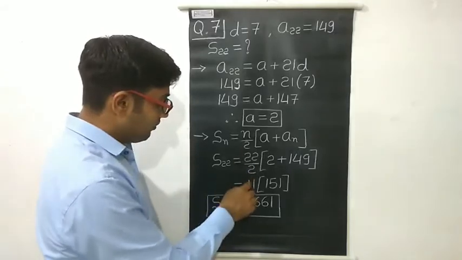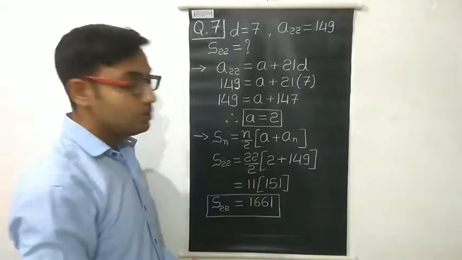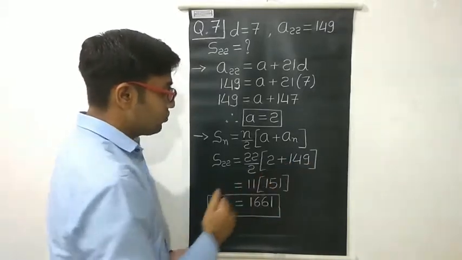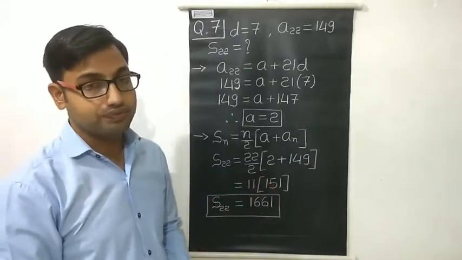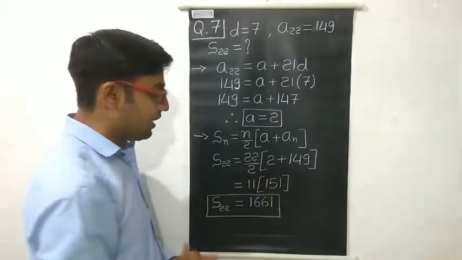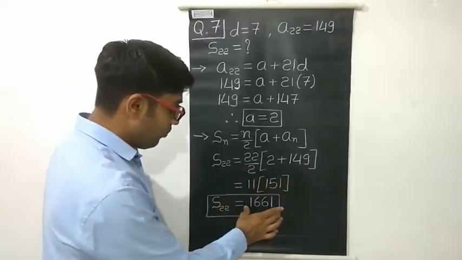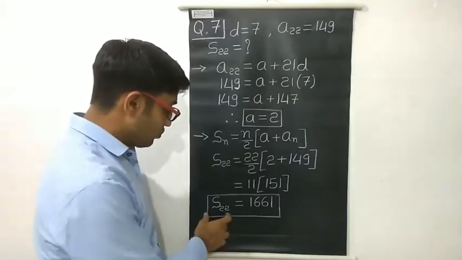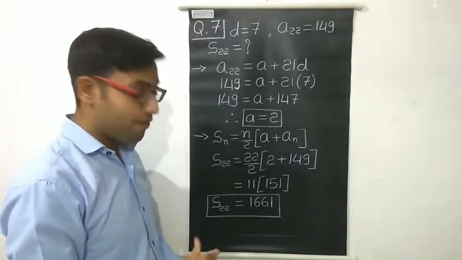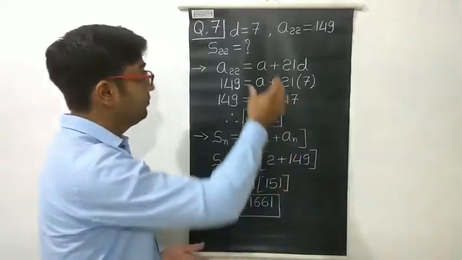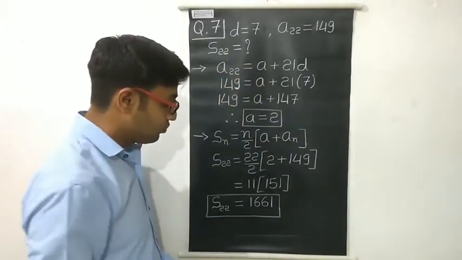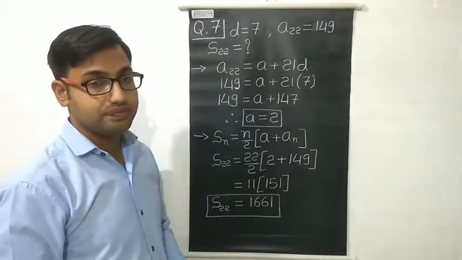So here we get 11, because 2 elevens are 22, and in the bracket 149 plus 2 is equal to 151. By multiplying these two we get 1661. That is the sum of the first 22 terms of this AP. So S22 is equal to 1661.